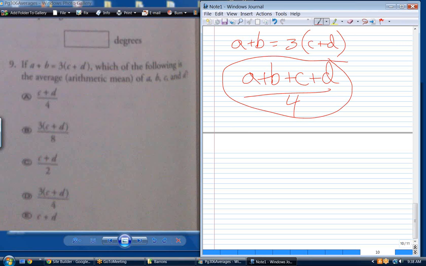I want an answer that's in terms of nothing but C and D. So what do I want to substitute for here? I don't want to substitute for C and D. I want to substitute for A plus B. I want to replace this part of it.